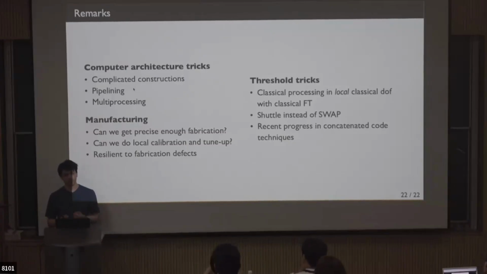You might do something like shuttling instead of just explicit swaps. Also this whole thing is compatible with various ways to get high rate concatenated codes. So you can imagine a constant rate version of this scheme, and that's not so hard to achieve.